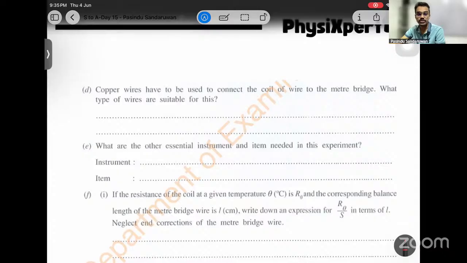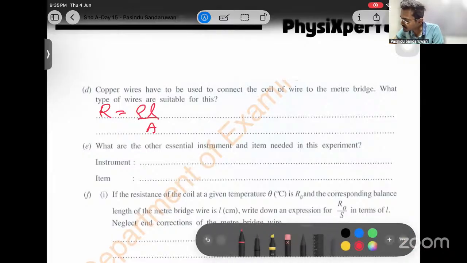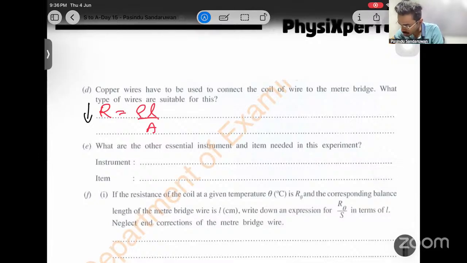Always short, thick wires should be used. R equals rho L over A. To minimize R, length should be minimized and area should be increased. So minimum resistance is with short and thick wires, right?